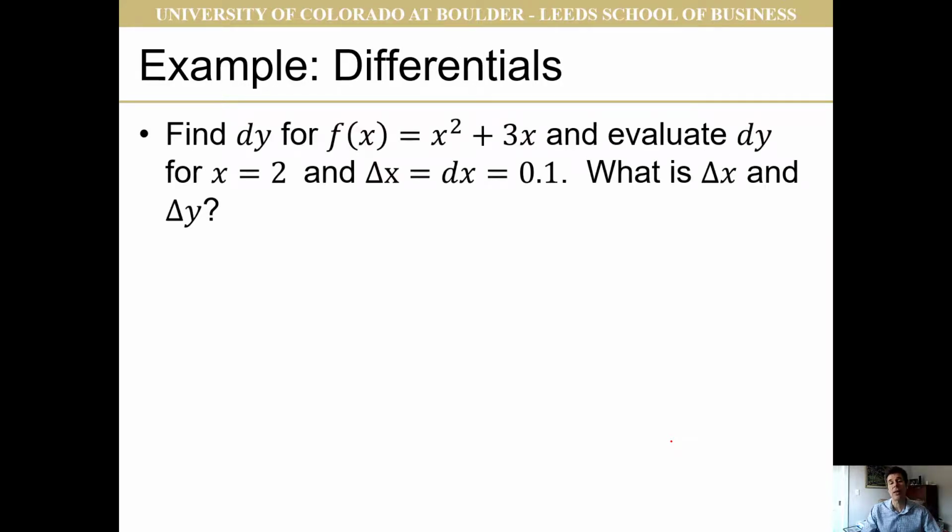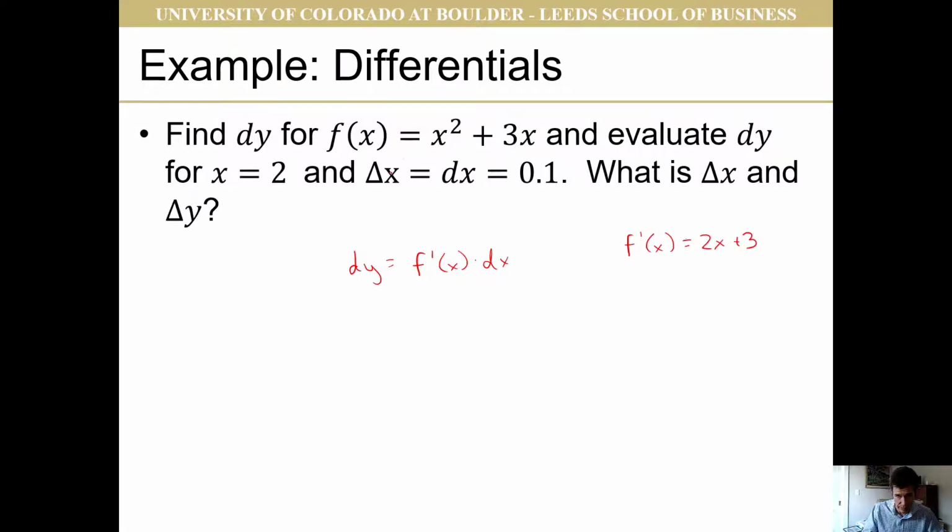So we want to find dy for f of x equals x squared plus 3x, and evaluate dy for x equals 2 and delta x equals dx equals 0.1. All right, well, dy is equal to f prime of x times dx. So we need the derivative. F prime of x is equal to 2x plus 3. Right?